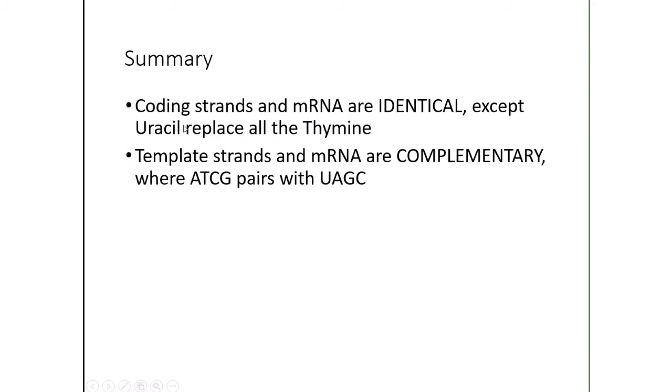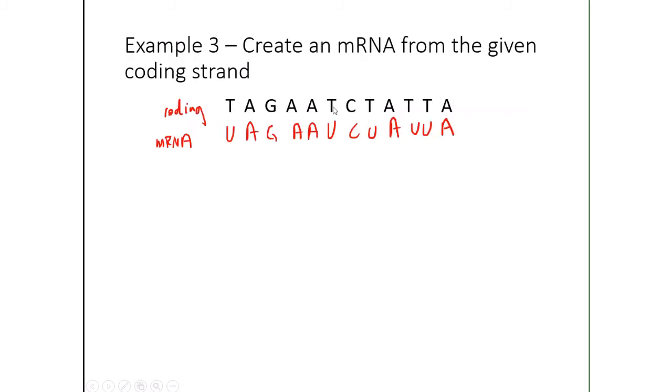Summary. The coding strand and the mRNA are basically identical to each other because the coding strand contains the instruction, and you want to make sure that the RNA is going to contain the exact same instruction for making whatever protein you need. With one exception, that the uracil is going to be replacing all the thymine. So you can see here, I replaced all the T with U because there is no thymine in RNA.